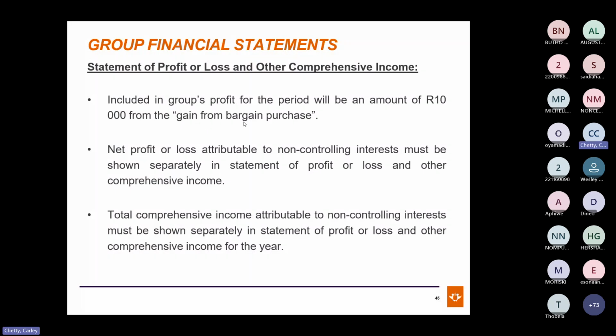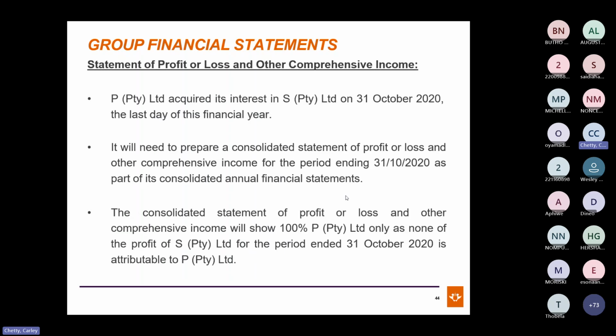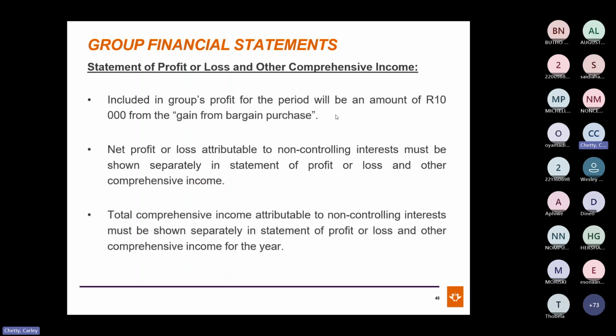And then remember, we said that the gain on bargain purchase will also be included in the group's profit for the period ending 31 October 2020. So the gain on bargain purchase is going to be recorded in the consolidated financial statements. And specifically, it's shown as an income in the statement of profit or loss and other comprehensive income.